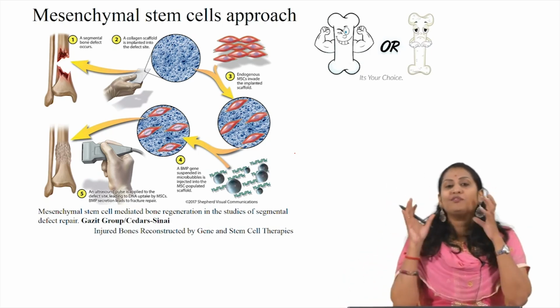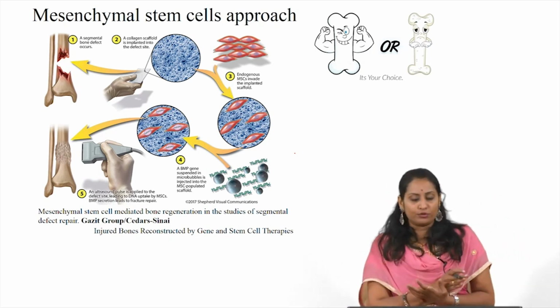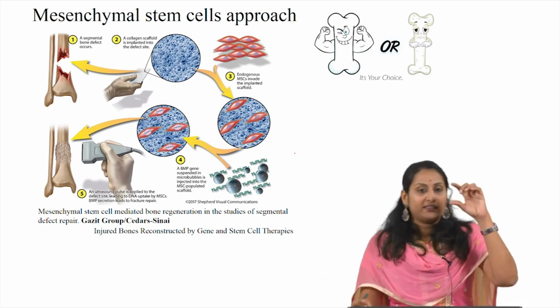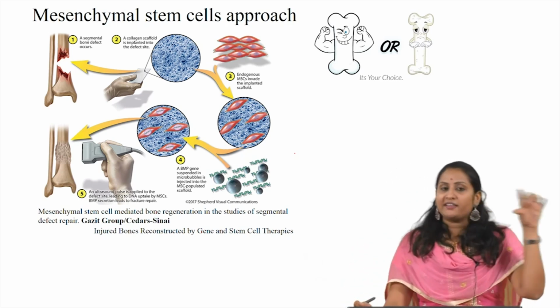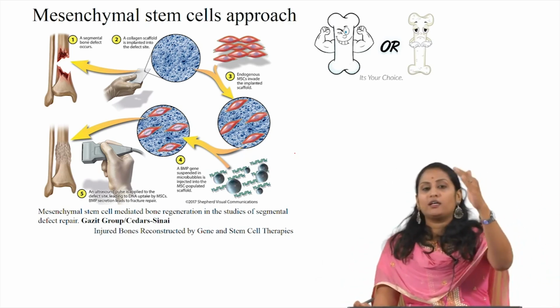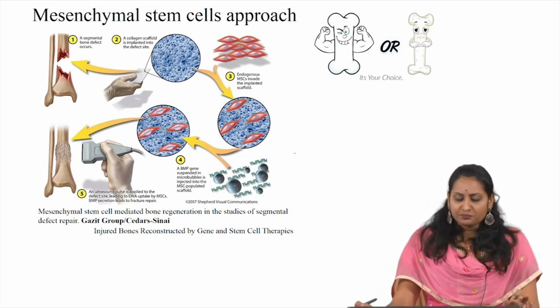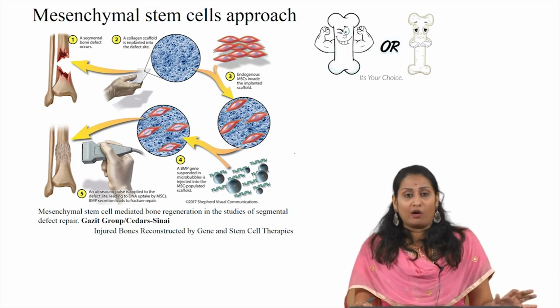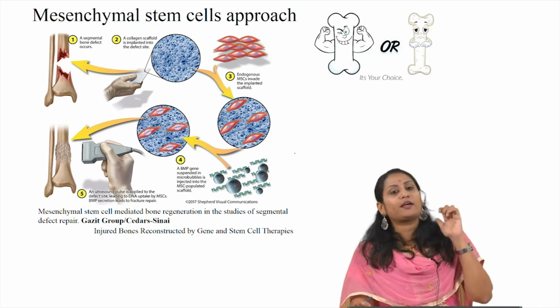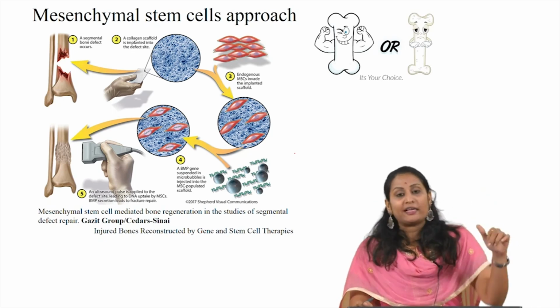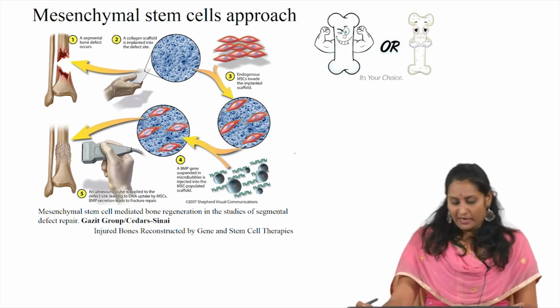This is one of the recent pieces of research, where in a segmental defect they created a bone defect and inserted a collagen matrix. The endogenous mesenchymal stem cells slowly invaded into the matrix.